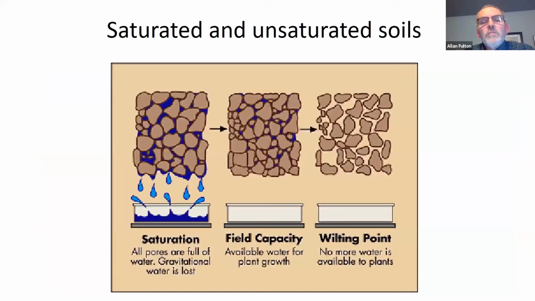What we're trying to evaluate by assessing the water holding capacity of the soil is its ability to hold water in the unsaturated phase. This picture suggests two phases of water holding capacity. There's the saturated phase, which occurs during heavy rainstorms or significant irrigations.